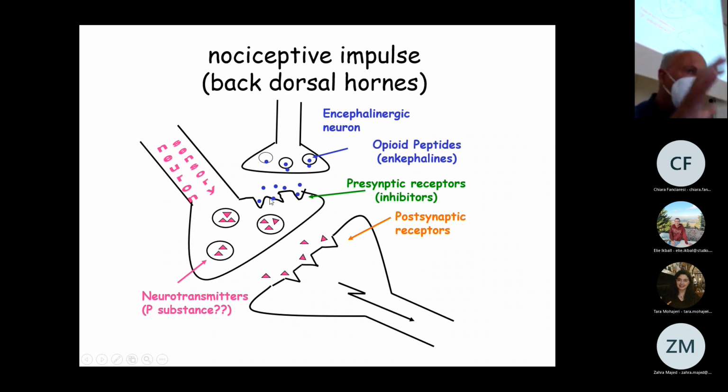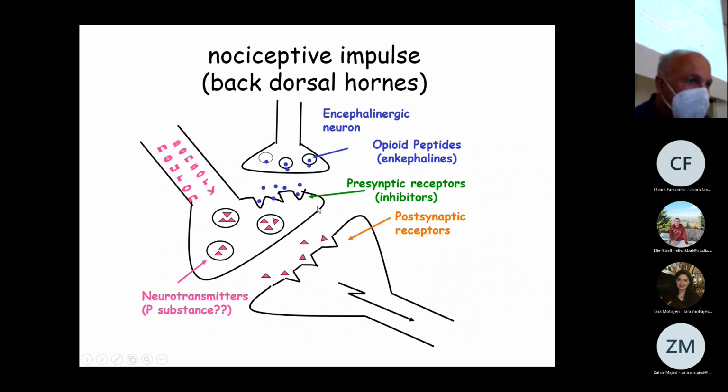So we have to see where we are. If we are on the enkephalinergic neuron, we see the postsynaptic receptors located on a presynaptic fiber. And in this position, there are the opioid receptors and the receptors which respond to morphine.